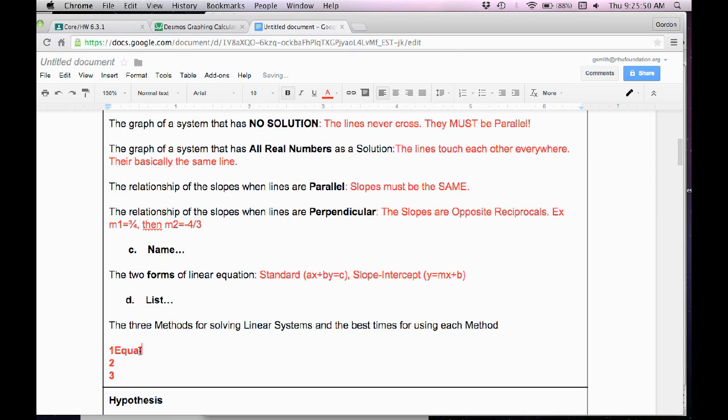Okay, list the methods for solving linear equations and the best times for using each method. First one we learned was the equal values method. Equal values, that's when you have 2 slope-intercept. I didn't mean to do that either. I meant to do copy, and instead I just wrote a C over them.